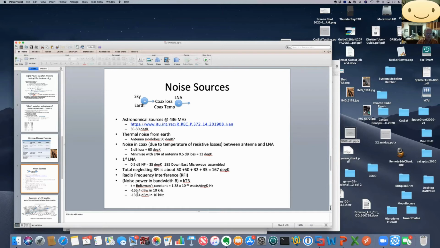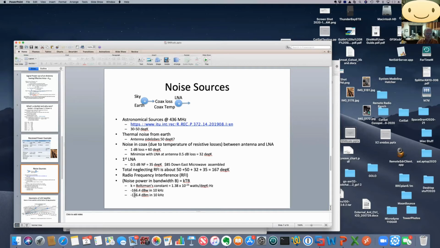to noise ratio. Wait, you said minus and minus, so are you adding them or subtracting them? There are two minuses that I'm adding. Okay. Because we use the negative sign to indicate it's below a milliwatt rather than 136 dB above a milliwatt.